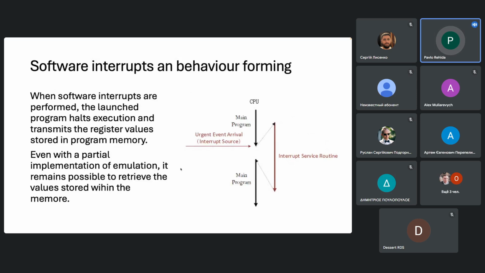Obtaining values from the registers, as indicated in the analyzed articles, is possible only through the use of software interrupts. When these interrupts are invoked, the CPU releases the values stored in registers, transferring them into the program memory. Since the program memory is also emulated and presented as a program object, the sandbox can access and read these values.